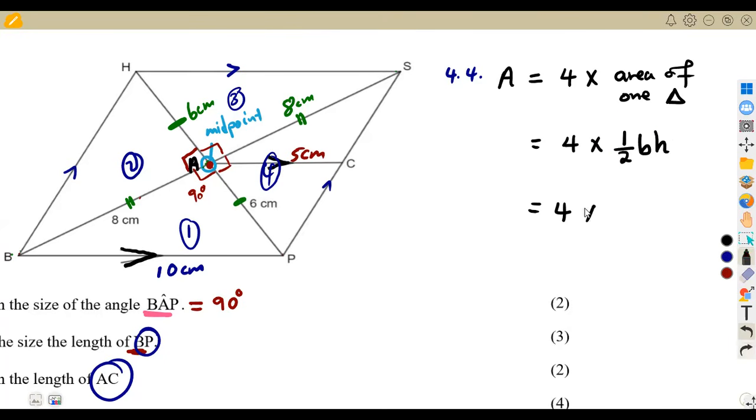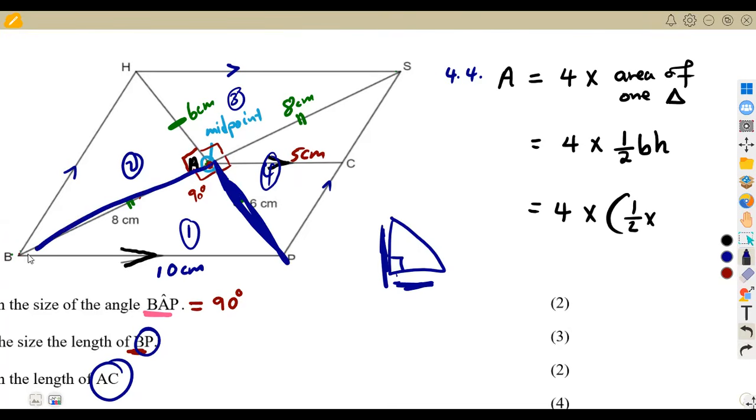This is for the area of one triangle: half times the base. Remember the base and the perpendicular height make up the 90 degrees. So we have 2 sides which make up 90 degrees: the side AP and the side AB.